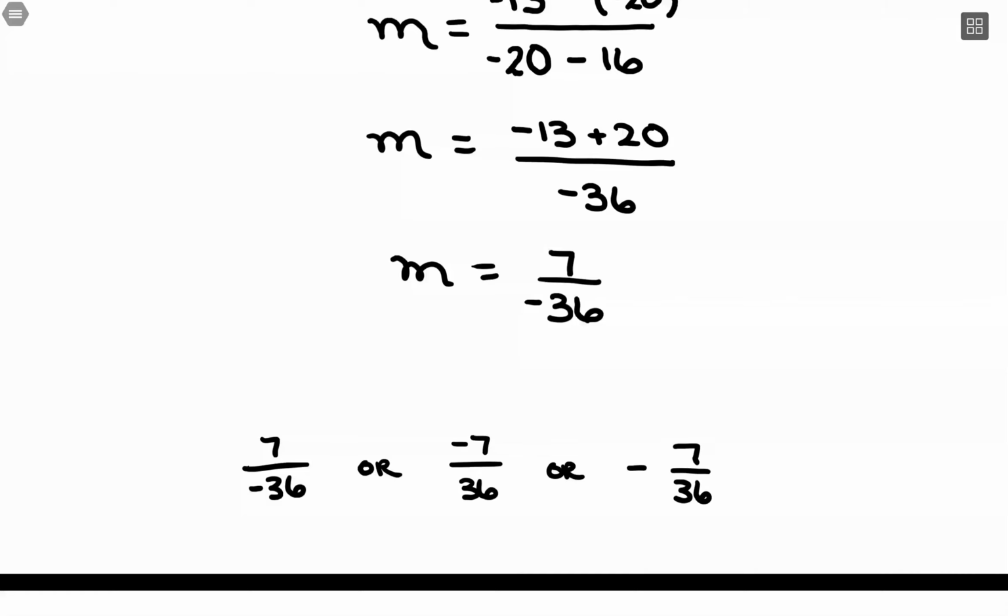Those are all the same values. Typically when we get to graphing, like given a slope and needing to make a graph, you'll want one of these first two forms so you can see how the rise and run are moving versus up, down, left, right. But in a simplified form, you can have the negative out front, and it's all exactly the same.